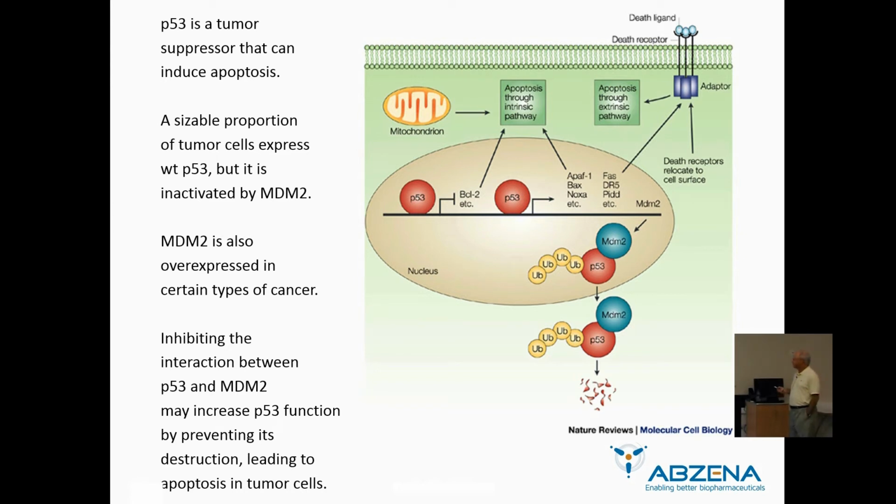So MDM2 controls the levels of p53, and some cancer cells evade apoptosis by overexpressing MDM2 and thereby disabling p53. So finding an inhibitor of the MDM2-p53 interaction was thought to be a good approach toward a cancer drug.